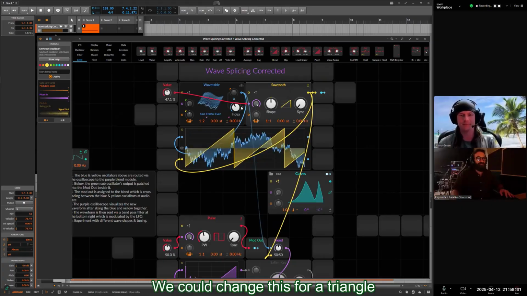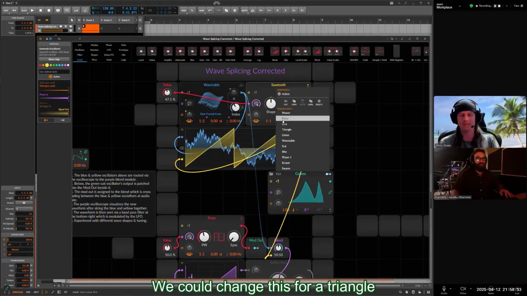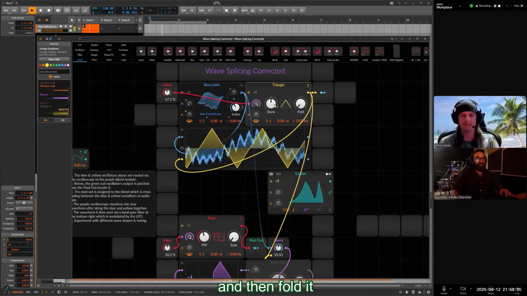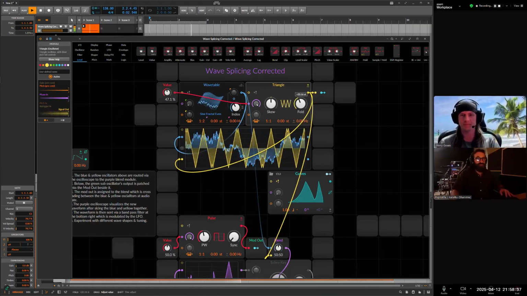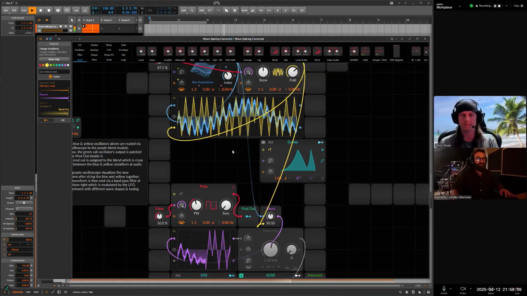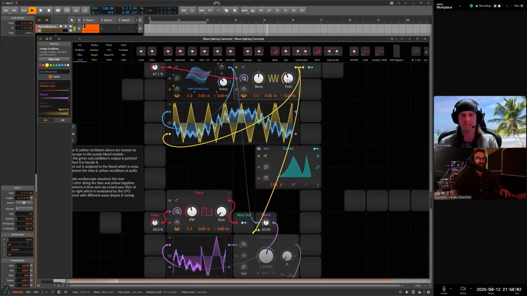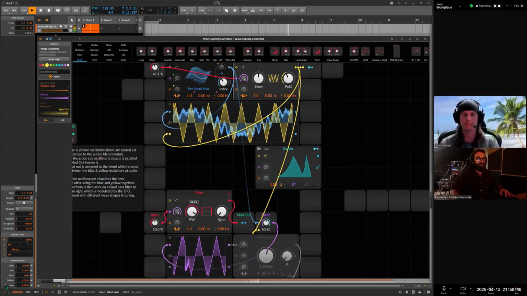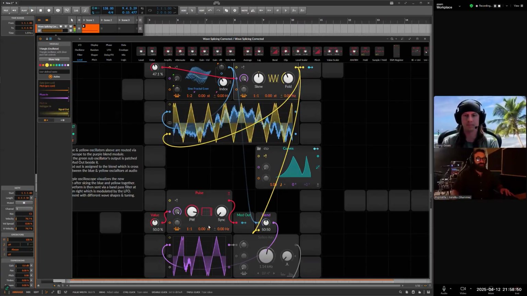Yeah, we could change this for a triangle, and then fold it. Awesome.